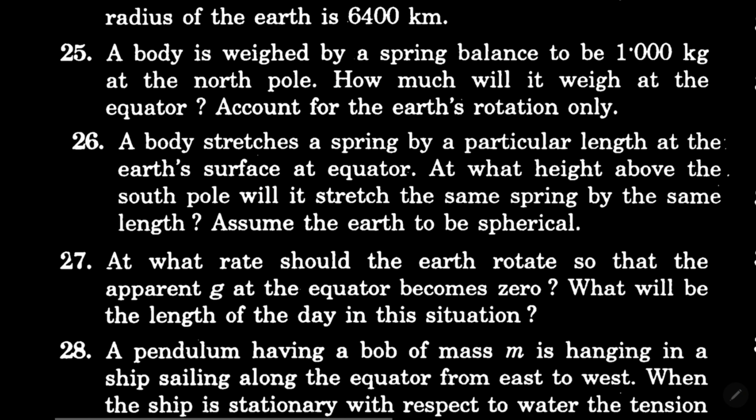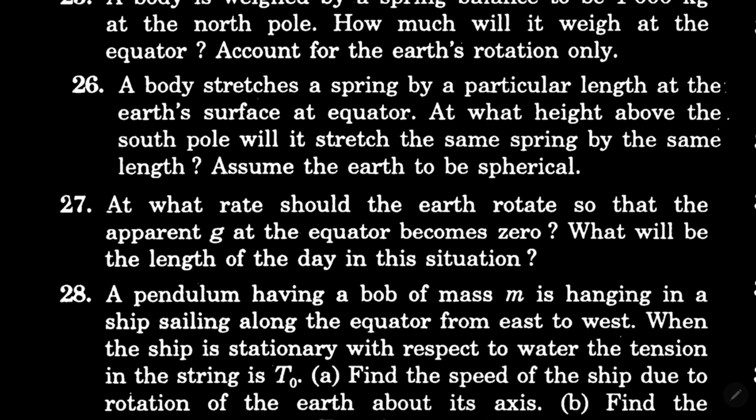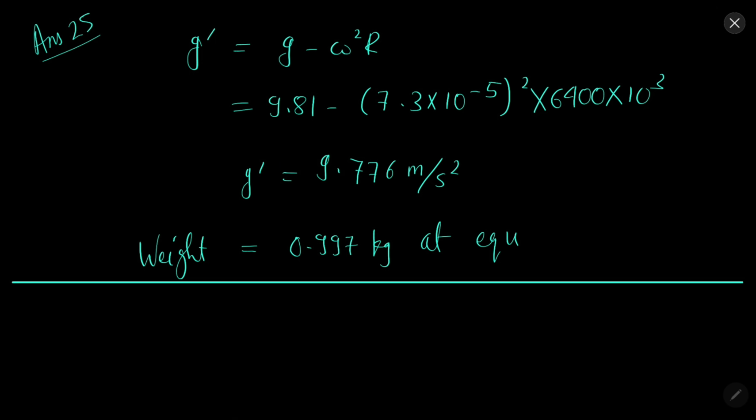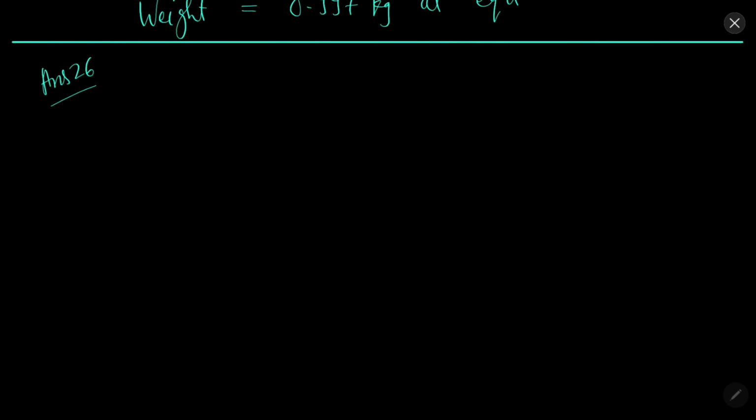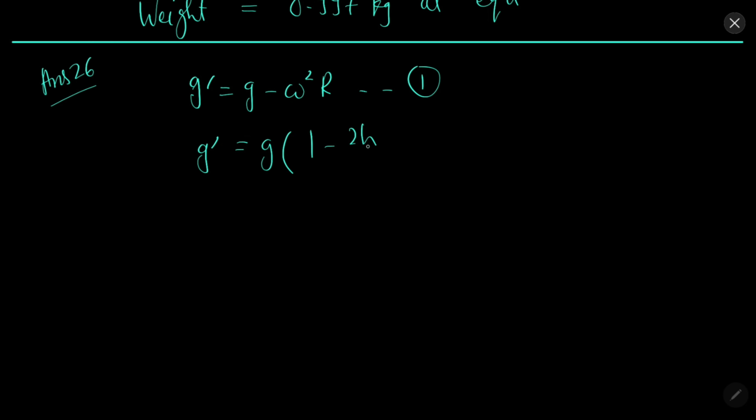Now in question 26, a body stretches a spring by a particular length. We need to find at what height above the South Pole it will stretch the same spring by the same length. Solution 26. So we know the formula, let this be equation 1, and at the height the equation becomes this, let this be equation 2.